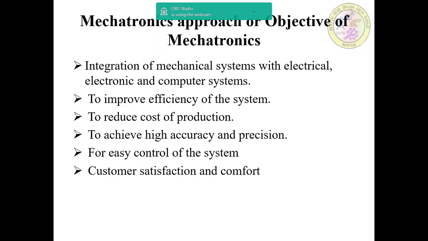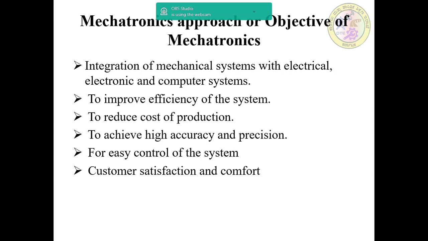Next we'll go for the mechatronics approach or objectives of mechatronics. The main objective of mechatronics is integration of mechanical systems with electrical, electronics and computer systems.